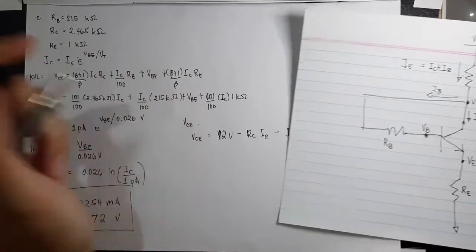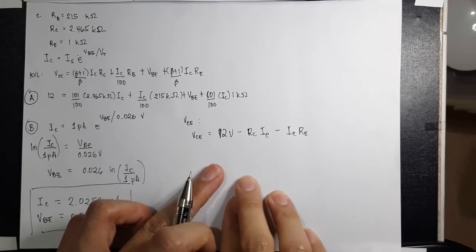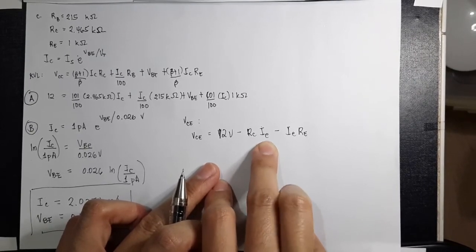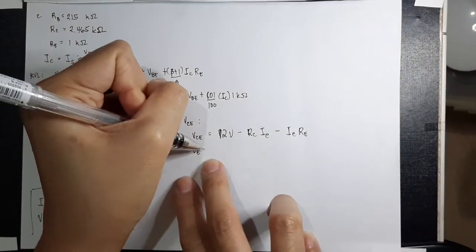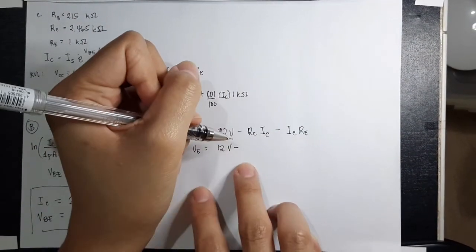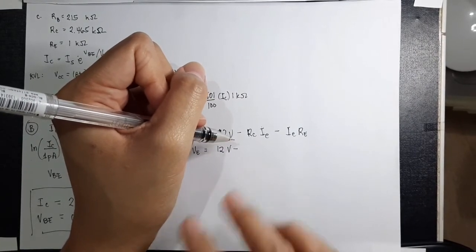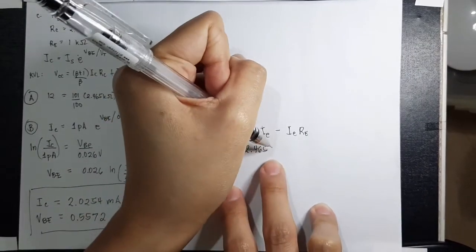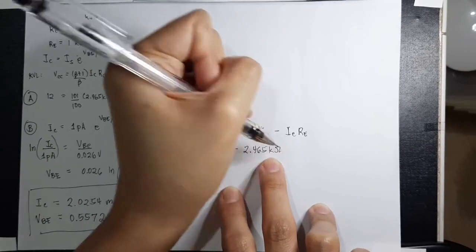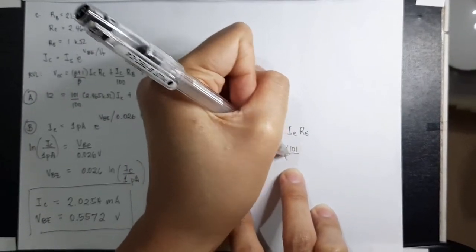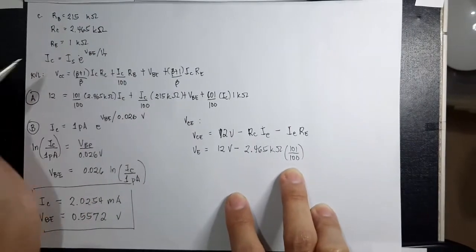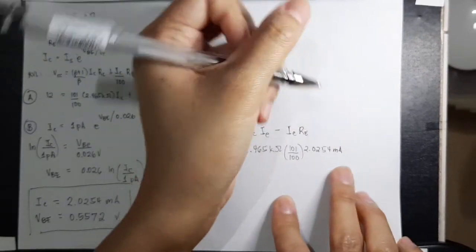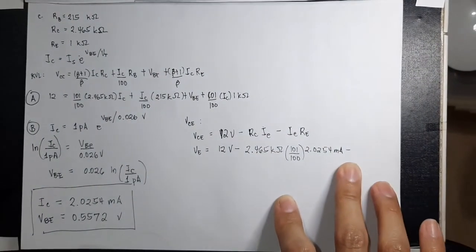So yeah, substituting the values of RC and IC, so that's VCE equals 12 volts minus RC is equal to 2.465 kilo ohms. IE is 101/100 IC. Minus IE RE.